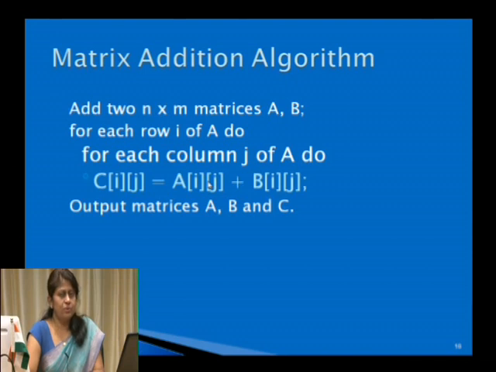We have two matrices, that is A and B, and what we need to do is the first element of matrix A is going to be added with the first element of matrix B. So, both the subscripts I and J remain the same in both the arrays. So, we add these elements and put it into our resultant matrix, which is called C.